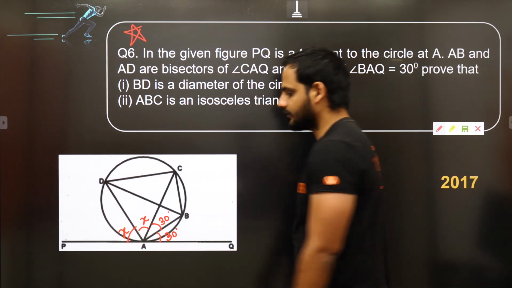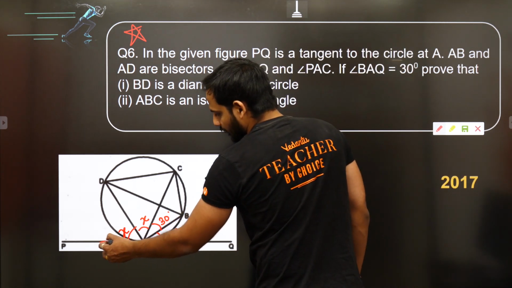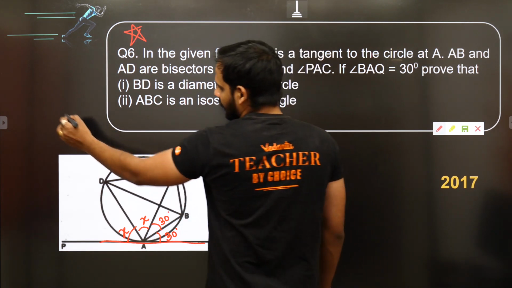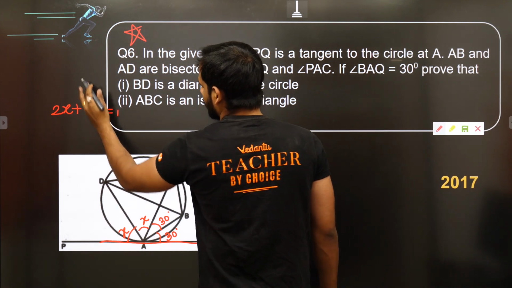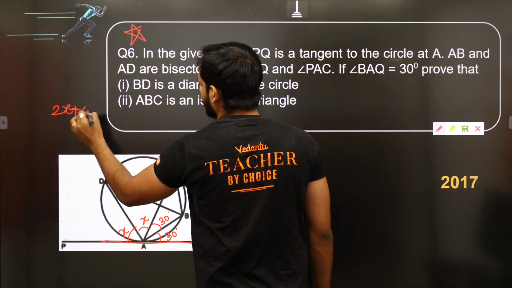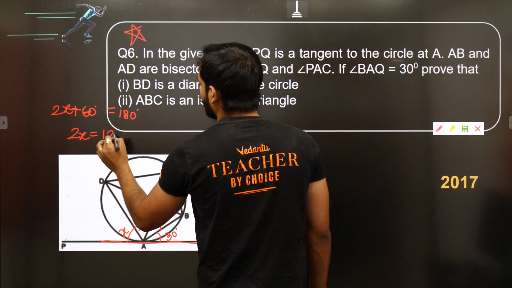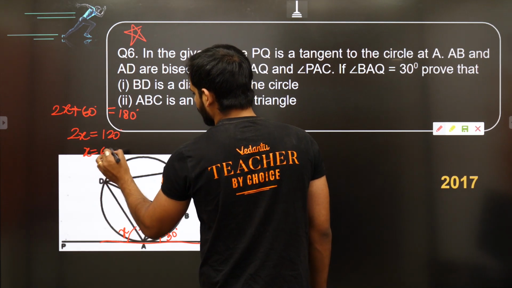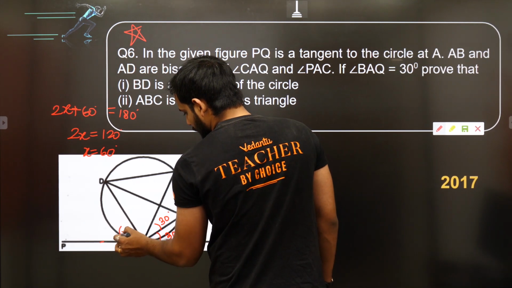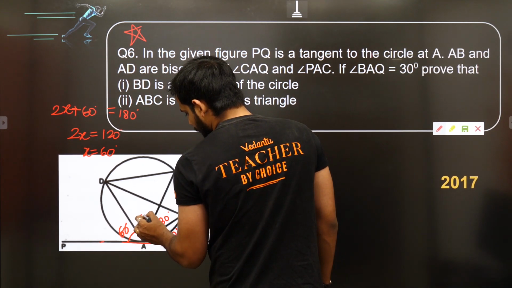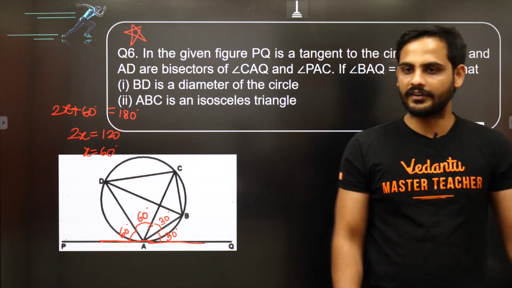So 2x plus 60 is equal to 180 degrees, using the straight angle property, since it is a straight line. So 2x is equal to 120, that means x is equal to 60. So this is 60, this is also 60. 30, 30, 60, 60. First part.